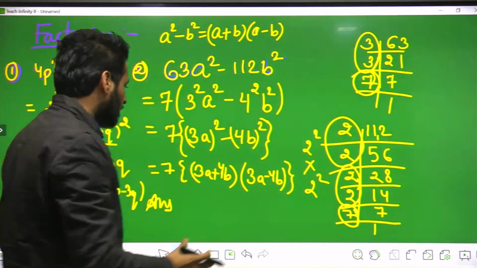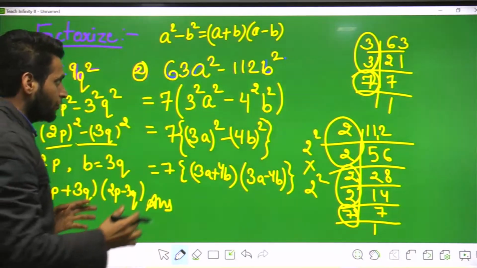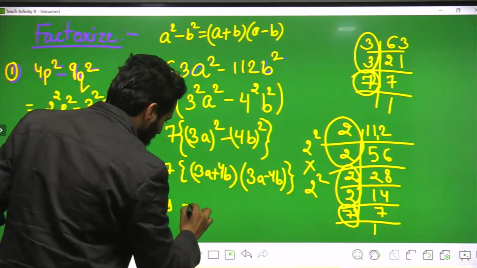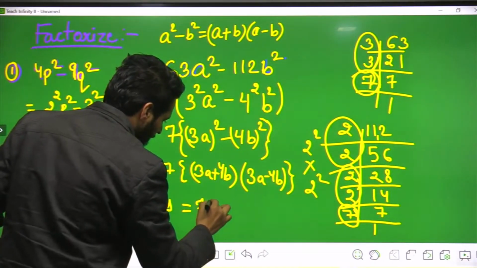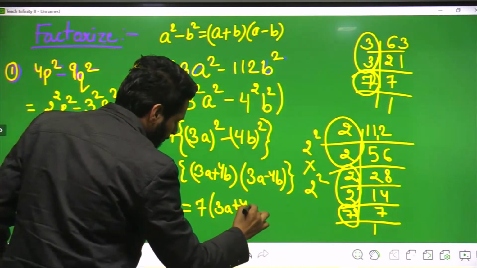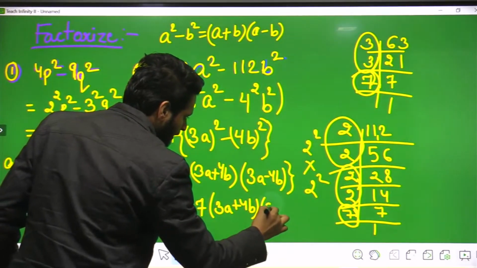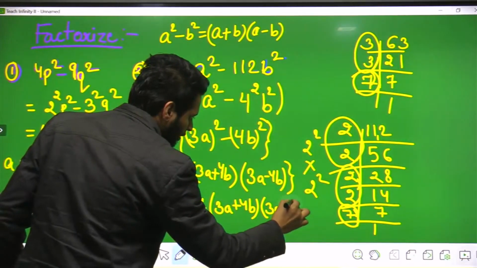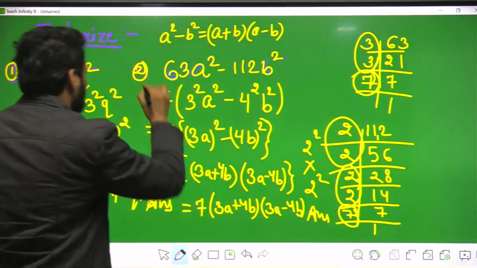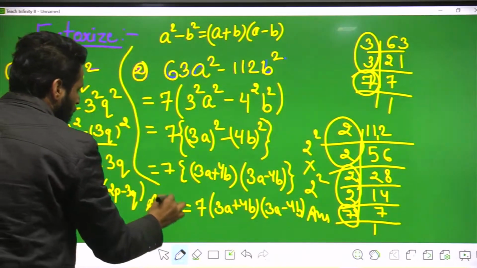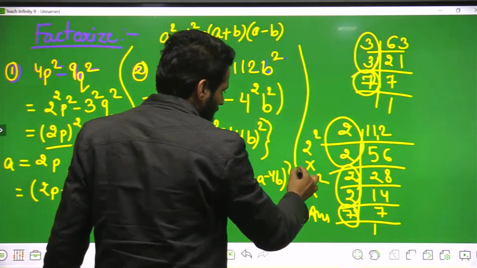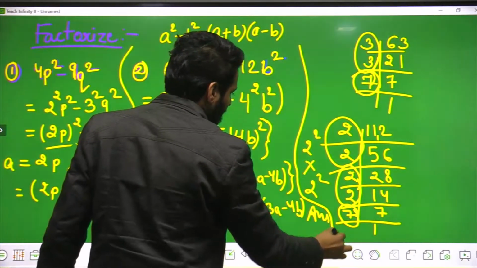So now we can tell that the answer of this expression will be 7 bracket of 3a plus 4b and 3a minus 4b. That is the answer of this expression. I expect that you all understood how we can find the answer of any question of this type when it is given.